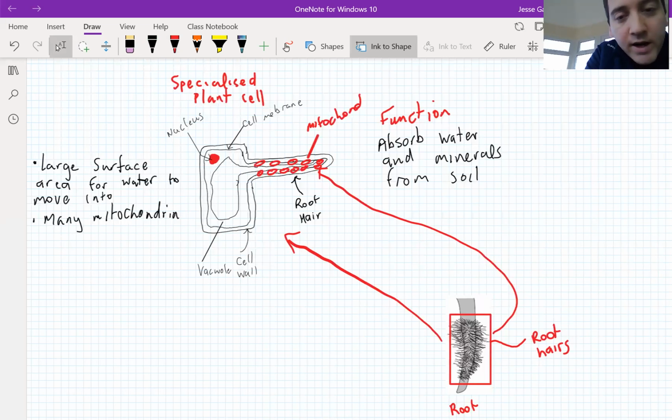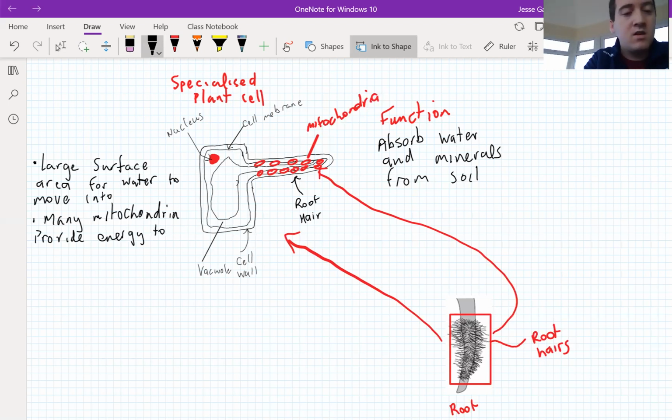Now, why does this cell need many mitochondria? Well, it requires energy to get minerals in particular and water to move into the cell. So many mitochondria provide energy to move water and minerals.